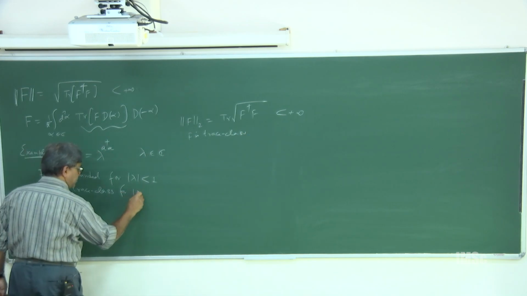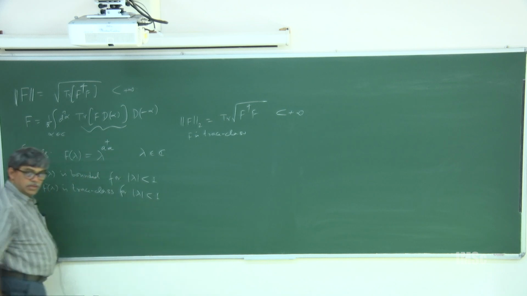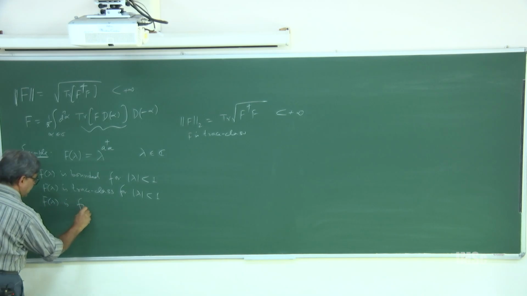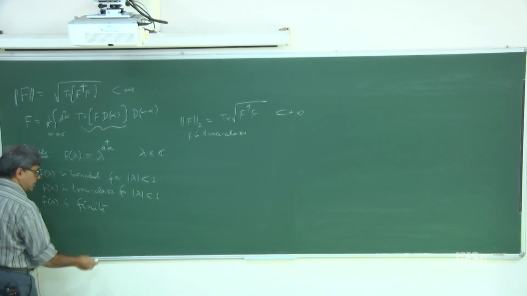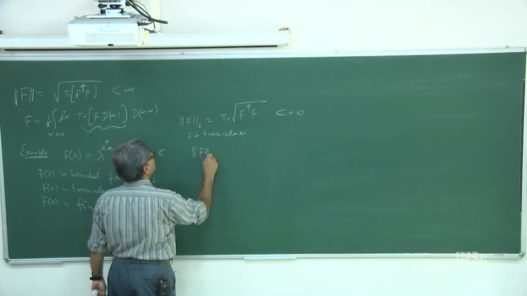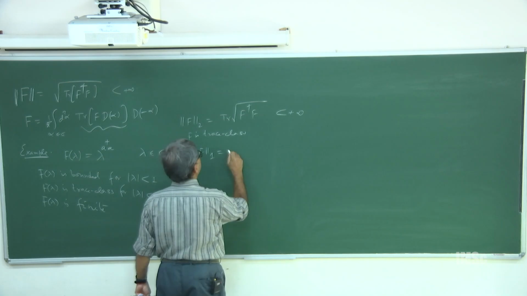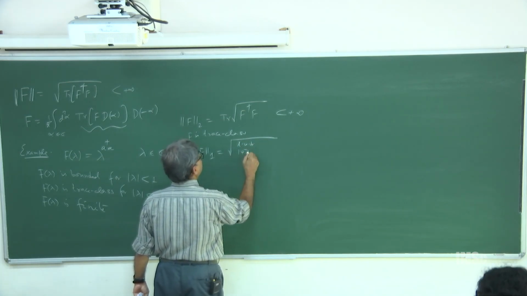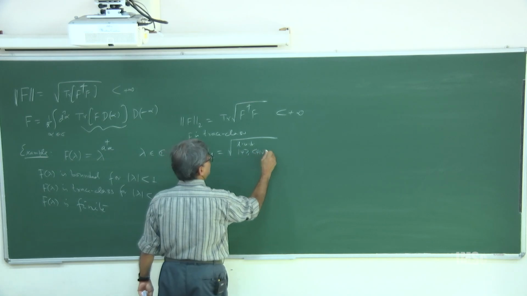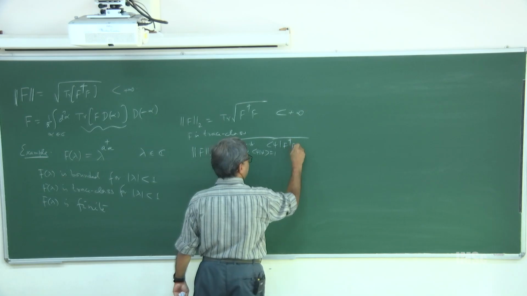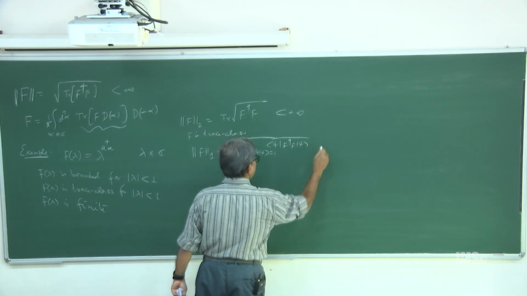Again for the same region, f lambda is finite. Finite means that its norm, which is the square root of the least upper bound over psi, such that norm of psi is equal to 1, of psi f dagger f psi, is finite.